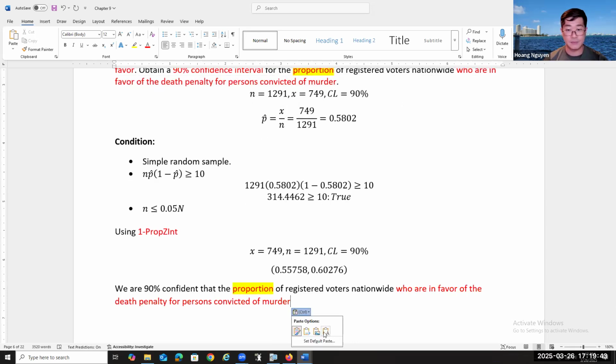Will lie between the lower bound 0.5576. I will round the answer to 4 decimal places. And the upper bound 0.6028. Okay, so this is how we wrap up the question with this interpretation. Okay, so that's going to be the option you might use also. You might use the shortcut, totally fine.